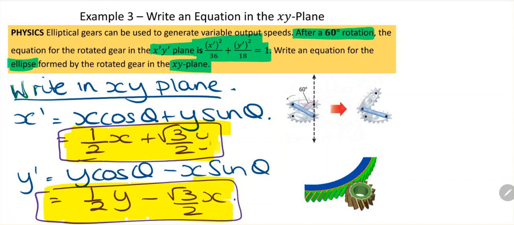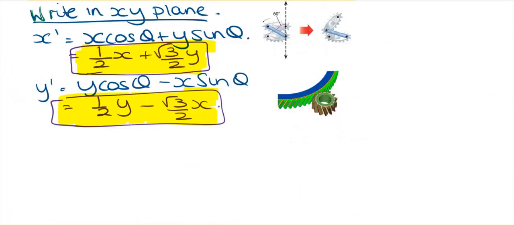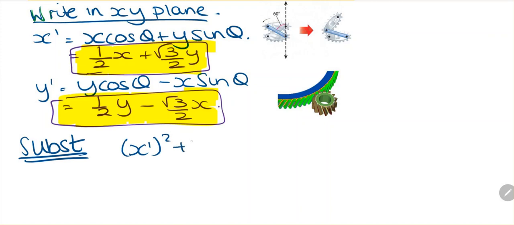So next, we're going to substitute these into our equation, but we need to look at our equation first. So we have x prime squared over 36 plus y prime squared over 18 is equal to 1. So now we're working backwards. We want to look at the highest denominator, which is 36, and we're going to multiply through everywhere by 36.